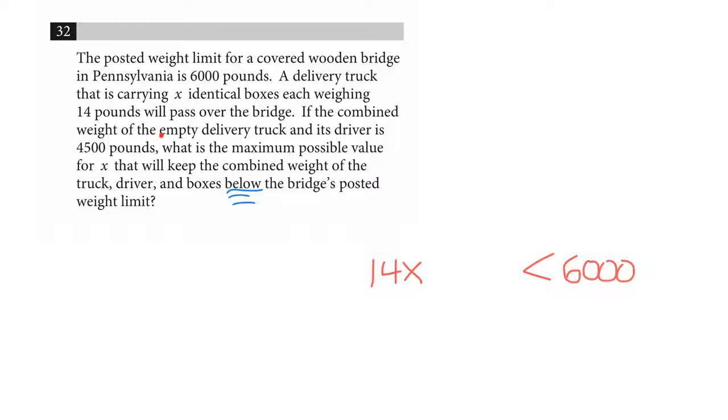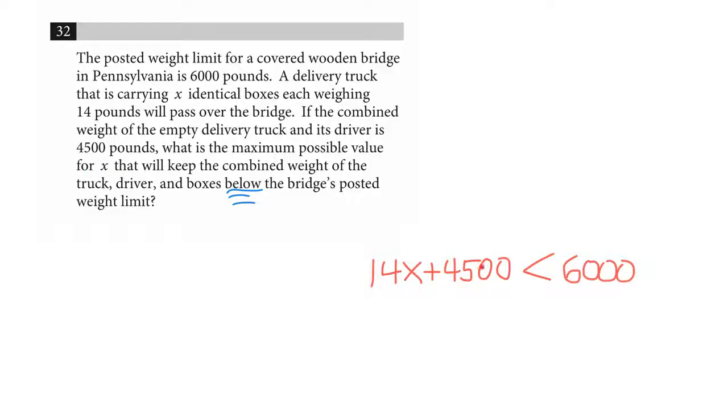If the combined weight of the empty delivery truck and its driver is 4,500, so in other words, even without the boxes on the truck, the truck with the driver is 4,500 pounds. So we do have to write that 4,500, and that essentially is going to be the weight of the truck. You have the 4,500 pounds to start with, and then when you load the boxes up, it's going to be 14 pounds per box. So we want to know what is the maximum possible value for X.